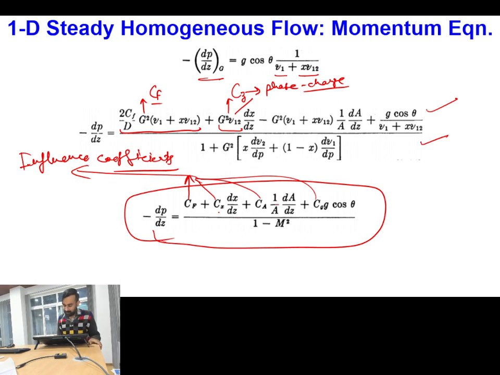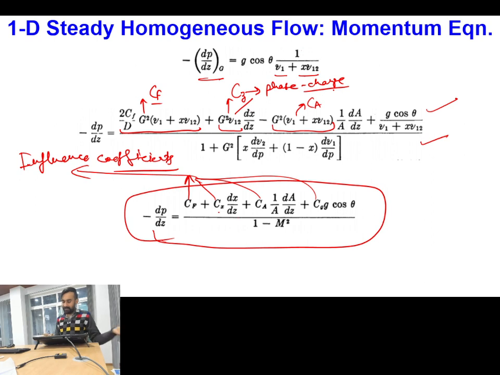Then if you compare the third one, 1 by A into dA by dz into Ca, so this will be becoming your influence coefficient because of acceleration of the fluid, and this acceleration is associated because of the change in area of the pipe.